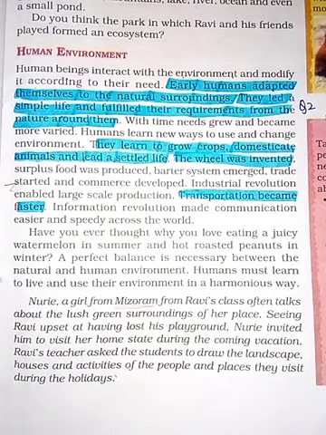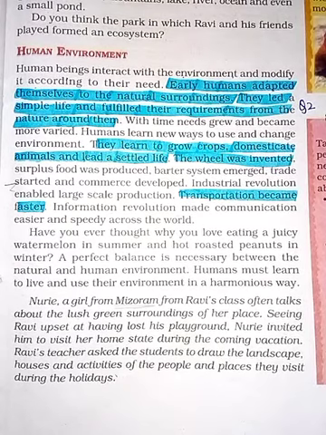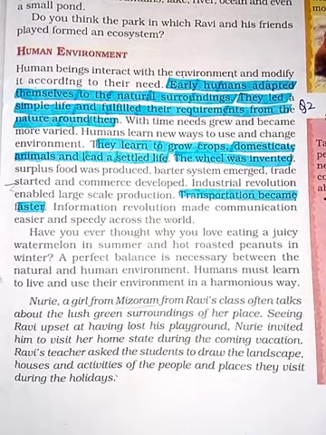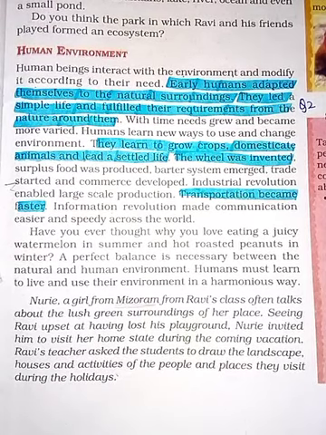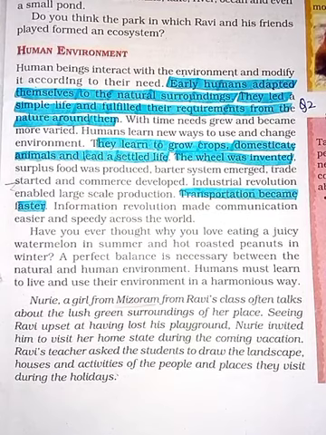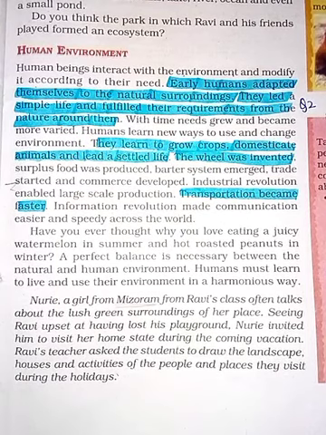Have you ever thought why you love eating a juicy watermelon in summer and hot roasted peanuts in winter? A perfect balance is necessary between the natural and human environment. Humans must learn to live and use their environment in a harmonious way.